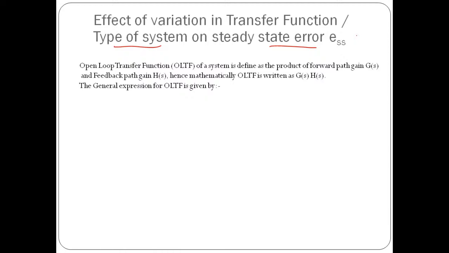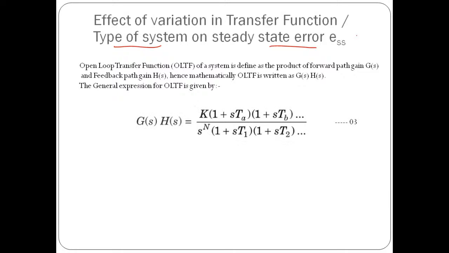Now the open loop transfer function of a system we can define as a product of forward path gain and a feedback path gain. Hence mathematically we can write open loop transfer function like this. It is going to be K(1 + sTa)(1 + sTb) and so on, whole divided by s^n (1 + sT1)(1 + sT2) and so on.